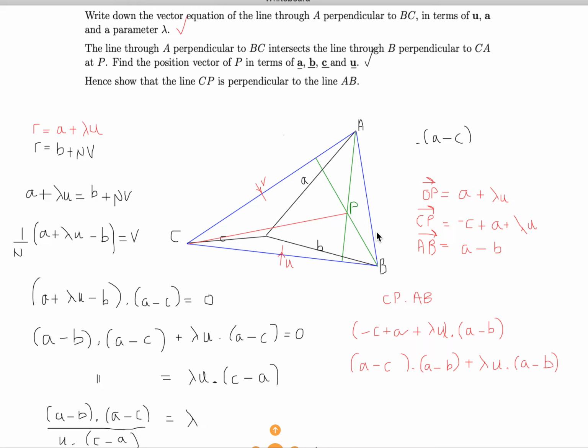So what you want to do in a situation like this, because we should be trying to get an answer of 0, is we may need to do a little bit of jigging things around.